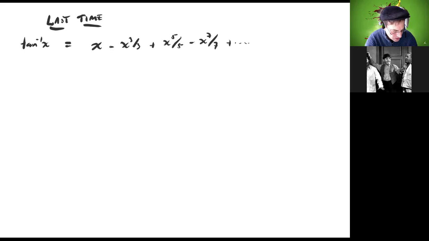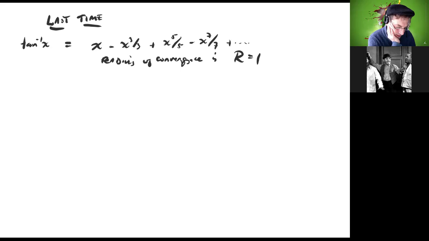Now this actually converges. The radius of convergence of the right side is absolute value of x less than 1. So let me write R equals 1, R for the radius of convergence, which means that on the open interval from -1 to 1, it's going to converge.